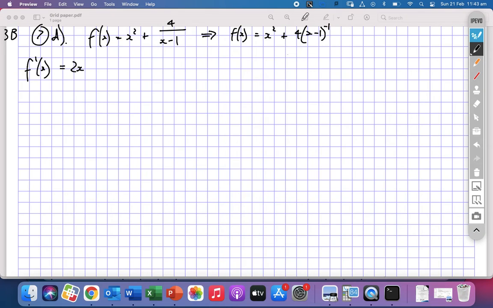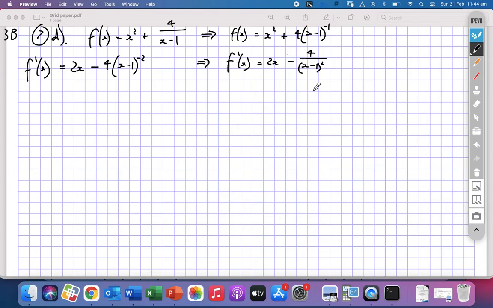And then this part of the derivative will need chain rule. So minus 4 (x minus 1) to the minus 2. That's the outside. The inside is just 1. So that's finished. And to tidy it up, I could say the first derivative is 2x minus 4 on (x minus 1) squared.